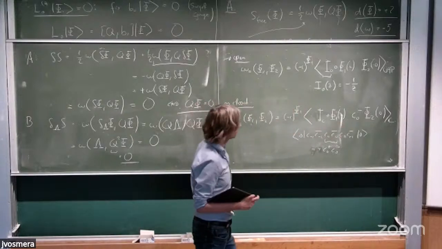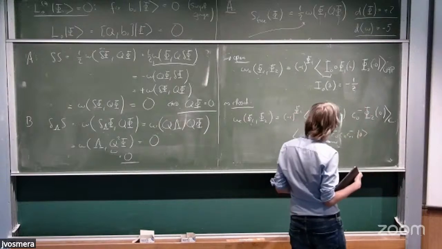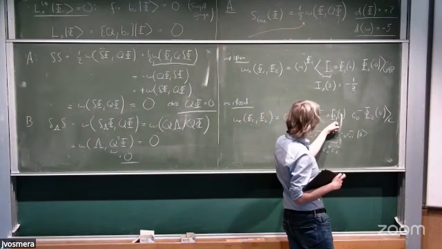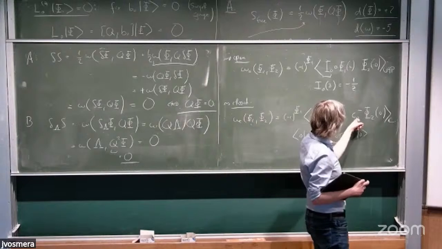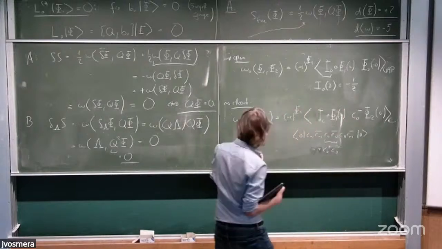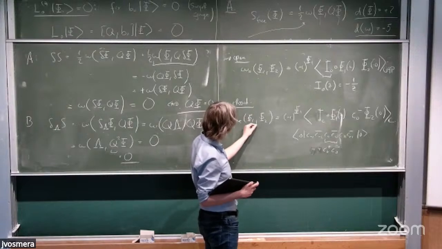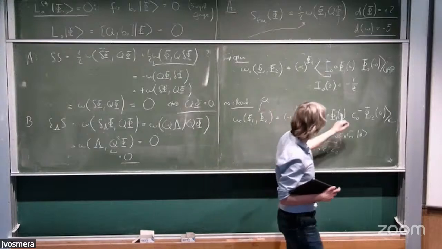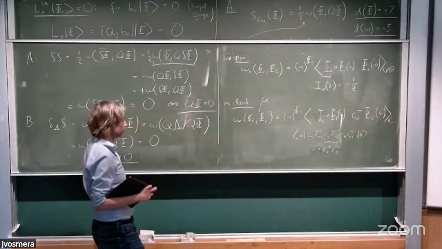And indeed, you can count the degree or the ghost number. Since this guy contains two ghosts, this guy also contains two ghosts, and then we have one ghost from here. An example of a non-zero symplectic form or bilinear form would be when I insert a Q here. That would provide an additional ghost, so that correctly gives you the ghost number for that to be non-zero.